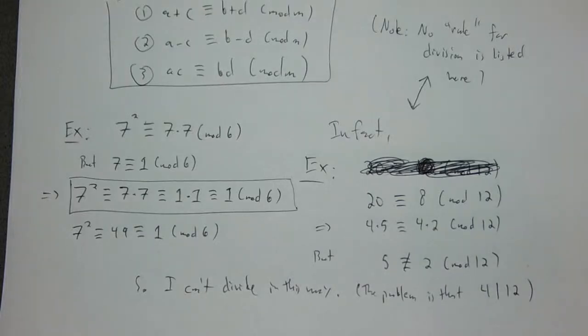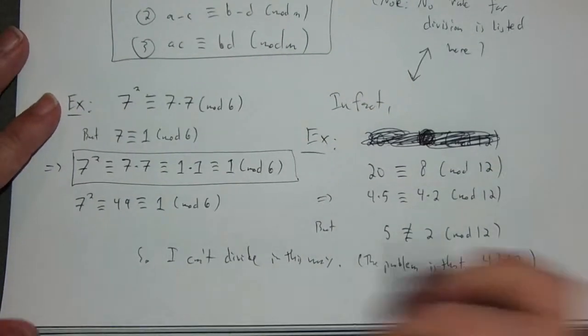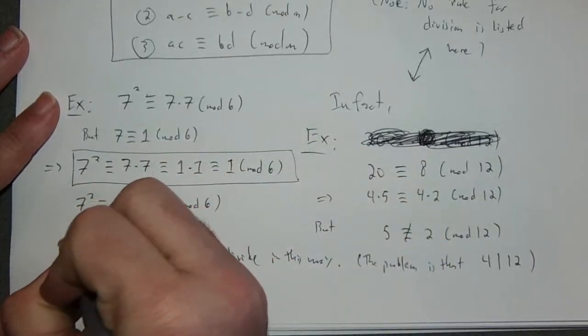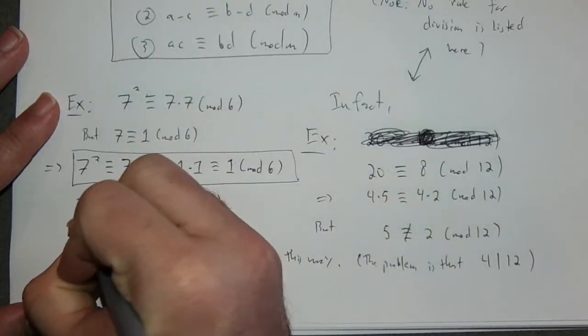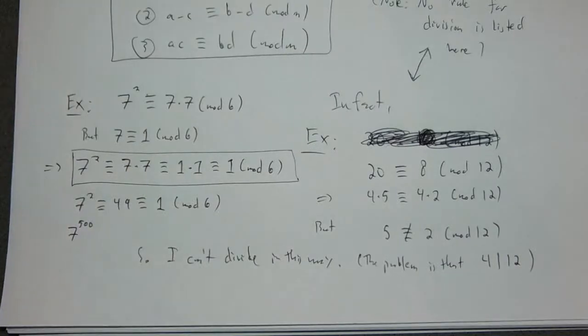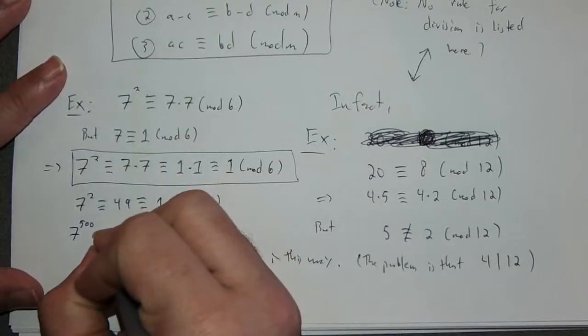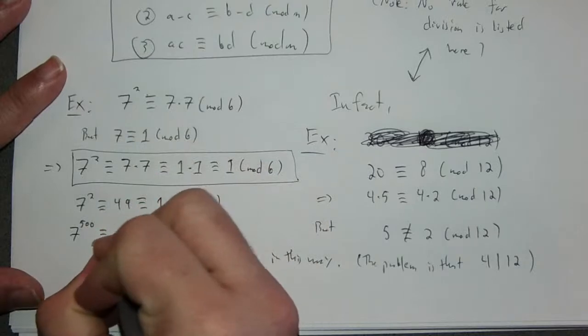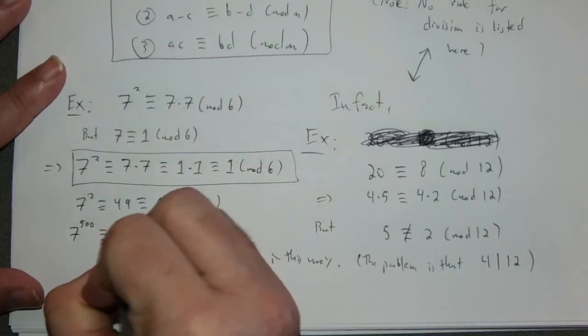Well, I could have also said compute, say, 7 to the 500 mod 6, right? And 7 to the 500 is a lot harder to deal with. But using property 3, 7 to the 500 is really 1 mod 6.